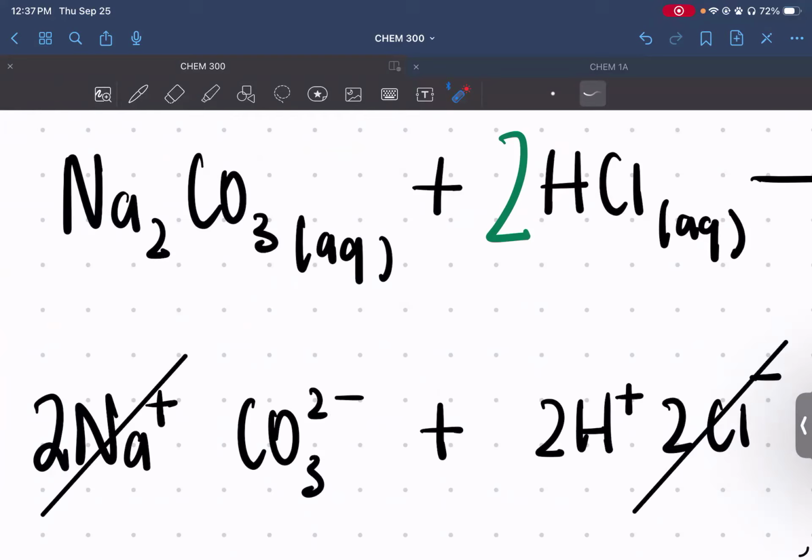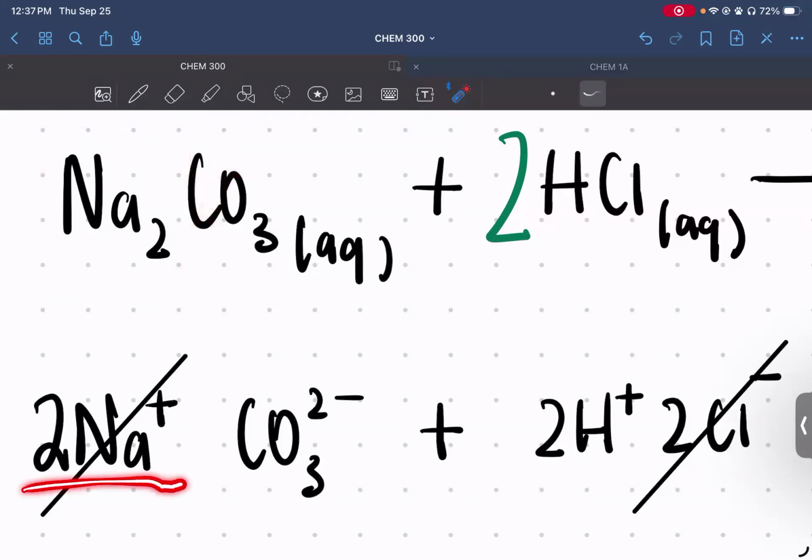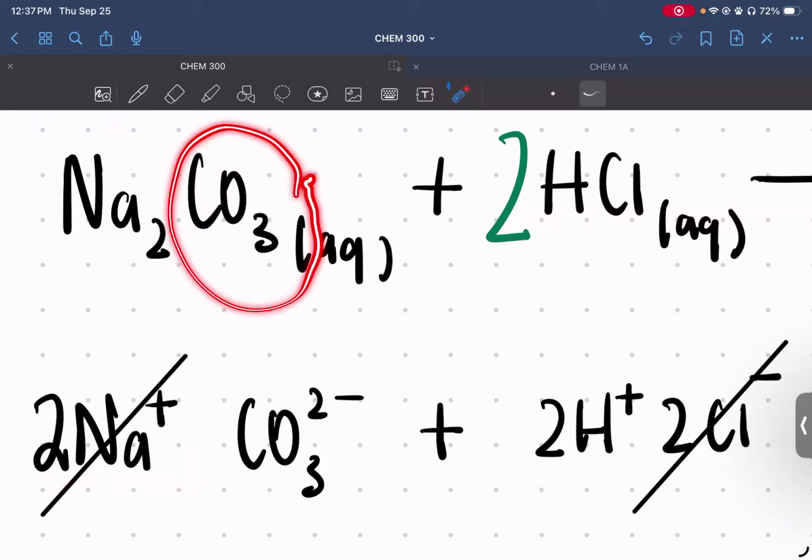Why did we put a 2 in front of the Na+? Because it's not a polyatomic ion. There are 2 sodiums. So there's 2 sodium ions. CO3 is a polyatomic, so it's its own unit. So there's only 1 CO3 instead of there being 3. Polyatomic maintains its subscripts. Good question and good answer for that student who volunteered.